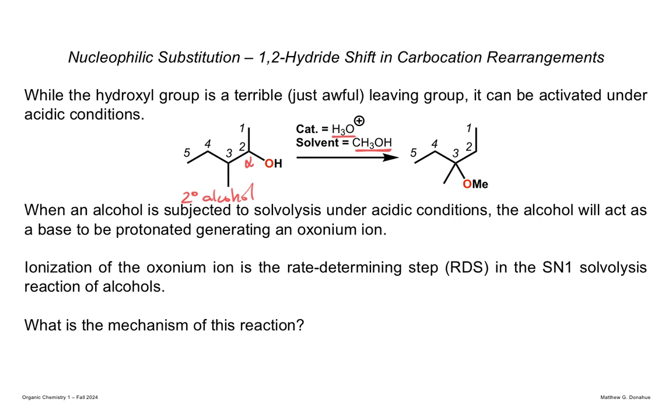Everything we've seen so far is the substitution is occurring at the carbon bearing the leaving group. But here it's not. So notice that carbon 2 has OH and then H. This carbon 2 has 2 H's. This carbon 3 has a hydrogen, but now it does not. So if we put all of that together, that's going to help explain mechanistically what's happening in this rearrangement.